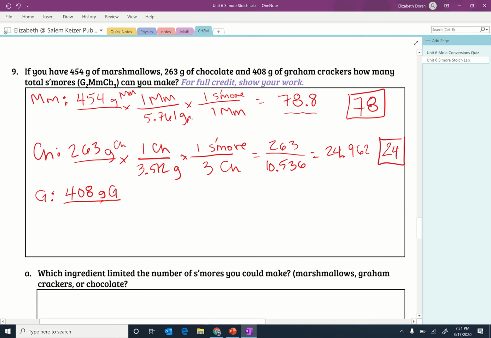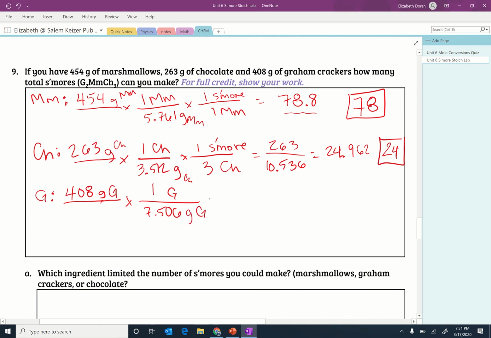I'm just kind of being lazy with that. Okay, every 1 graham cracker has a mass of 7.506 on average. And again, your numbers, you averaged them in the lab. Yours will be similar to this, but not exactly the same.